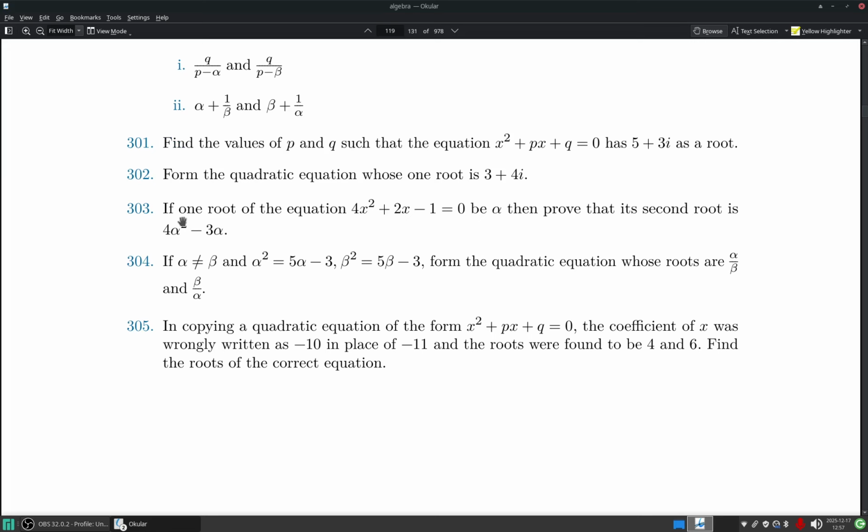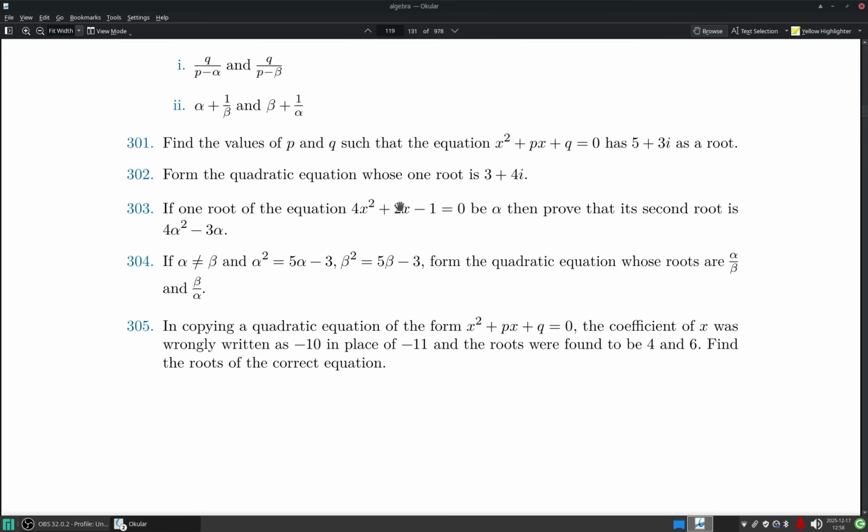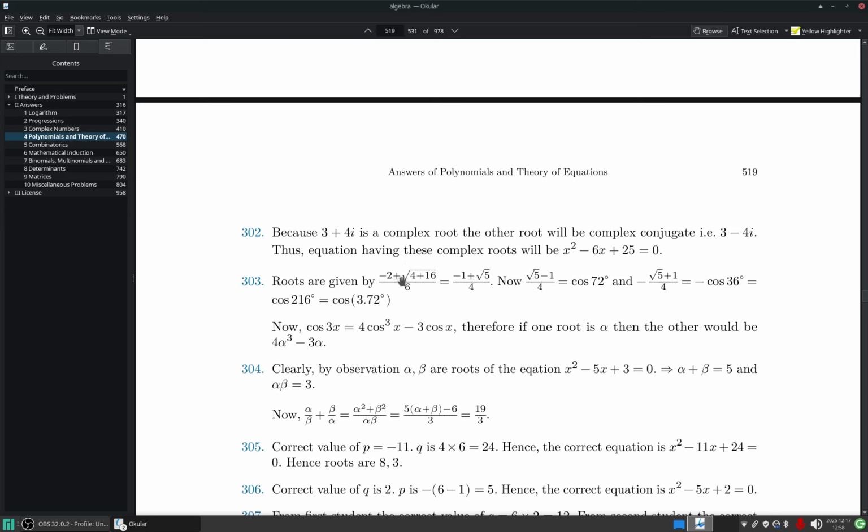Question 303 says: if one root of the equation 4x square plus 2x minus 1 is equal to 0 be alpha, then prove that the second root is 4 alpha cube minus 3 alpha. So roots are given by minus 2 plus minus square root of 4 plus 16, divided by 8.